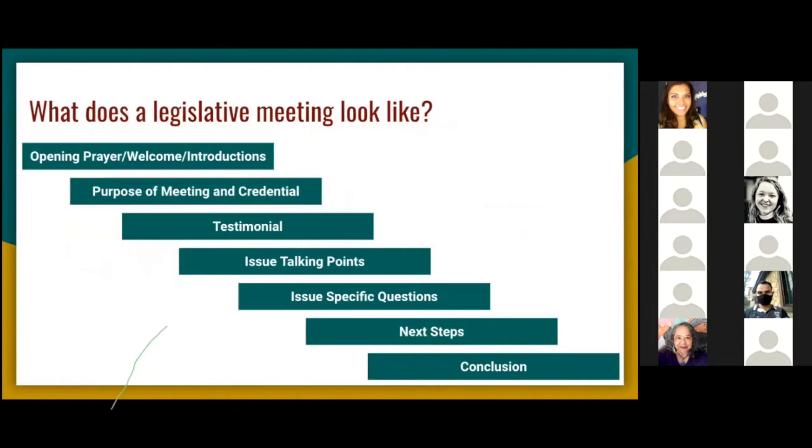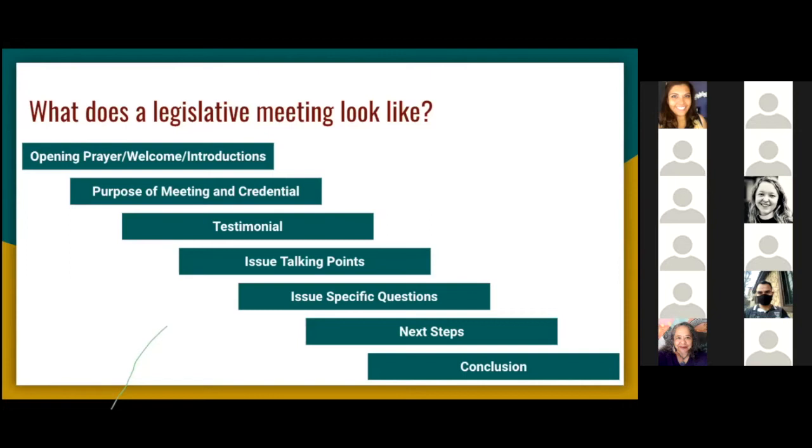So here is a rough outline of what your meeting could potentially look like when you have done your research and you have some time set up. One, you can open with some kind of grounding similar to what we did tonight, a welcome and an introduction of your people.